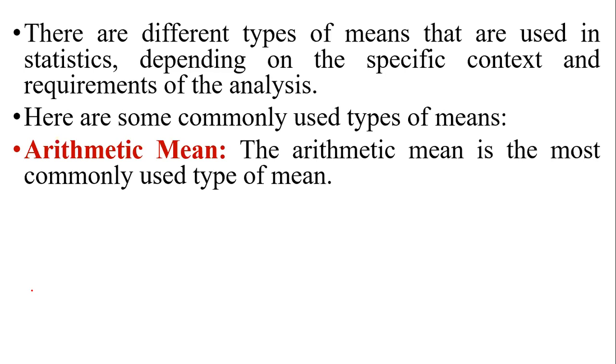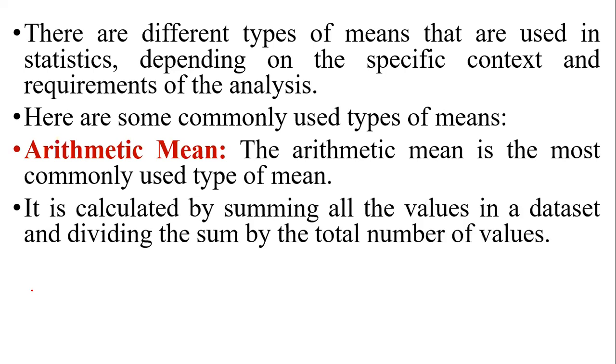The arithmetic mean is the most commonly used mean in our daily lives. It is calculated by summing up all the values in a data set and dividing the sum by the total number of values. We are going to do several examples of how to calculate arithmetic mean.